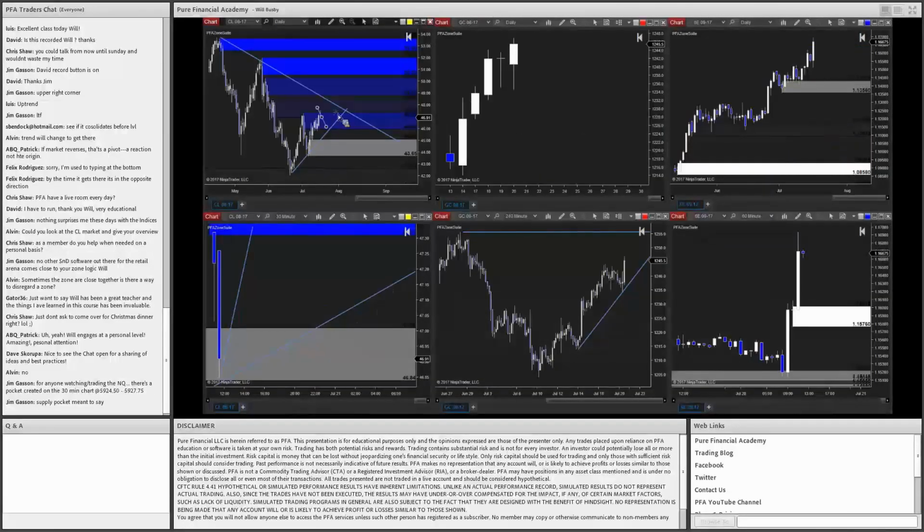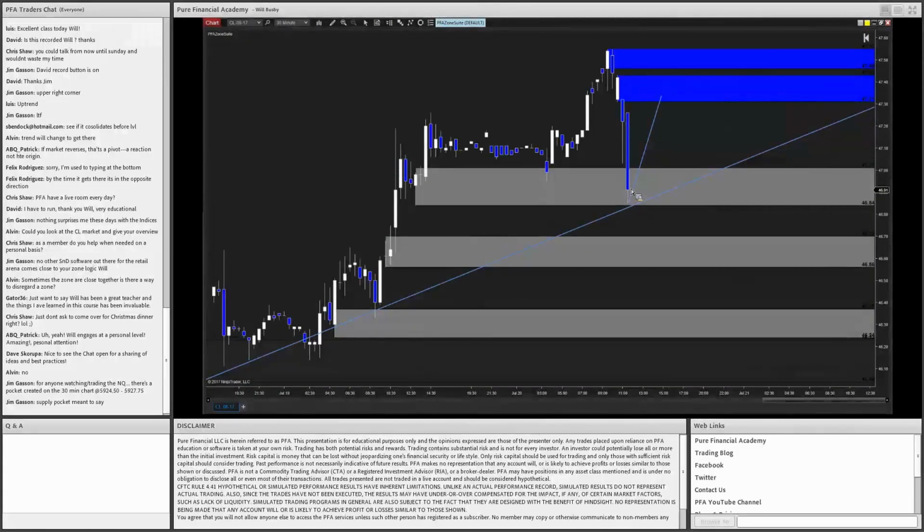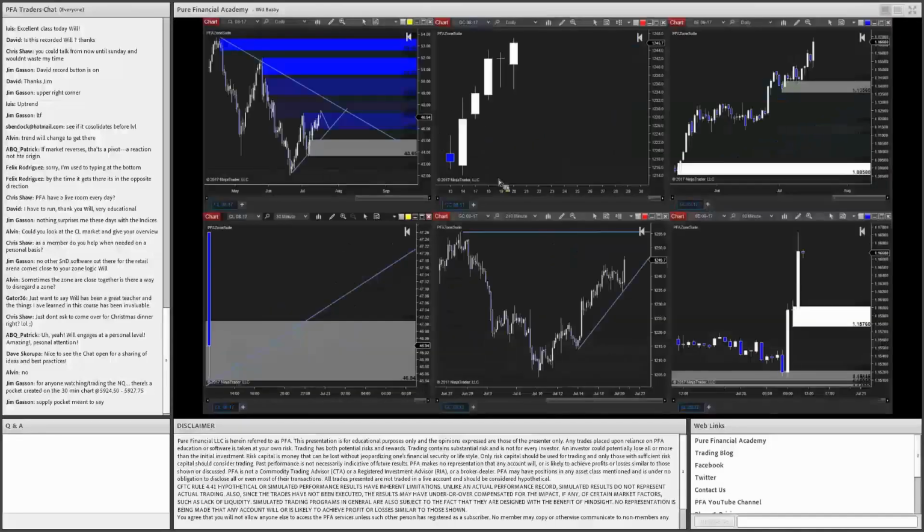Because look at where I am in the larger time frame. But I want to be mindful of it, and I want to watch that. Because if we can take it out, guess what just happened? Supply exceeded demand. Simple as that. So I want to see supply exceeding demand. I want to see us reverting back into supply. That's what I want to see.